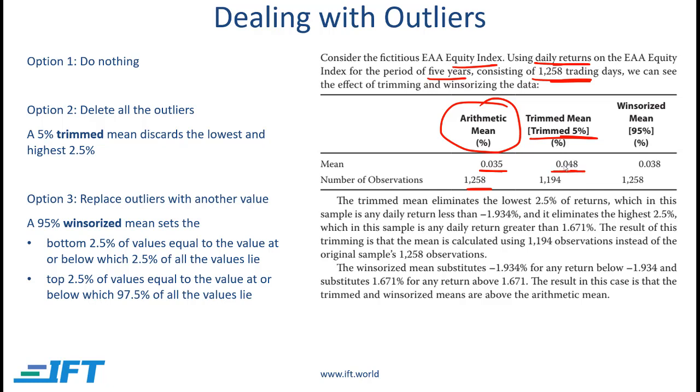So this implies that we have returns that are very low, and now that those returns are being removed, the trimmed mean is higher. And also notice that the number of observations is lower because we are removing 5% of the observations. With a Windsorized mean, we go back to 1,258 observations, and here the mean is 0.038. So this is a little bit higher than the regular arithmetic mean.